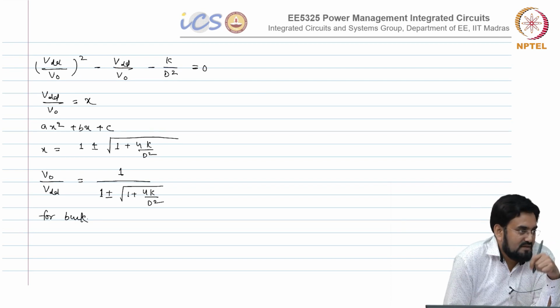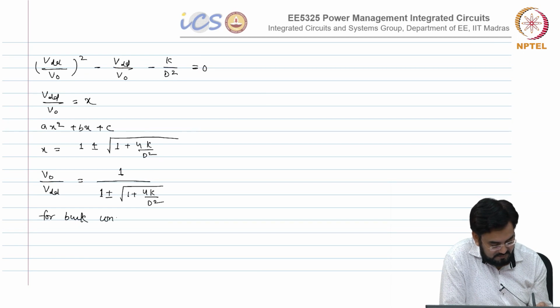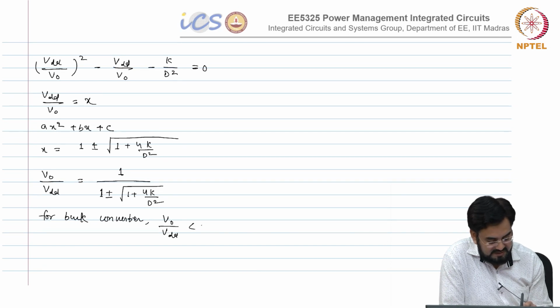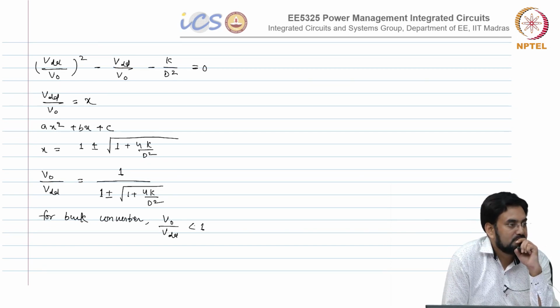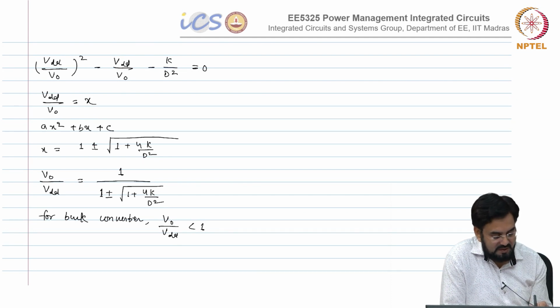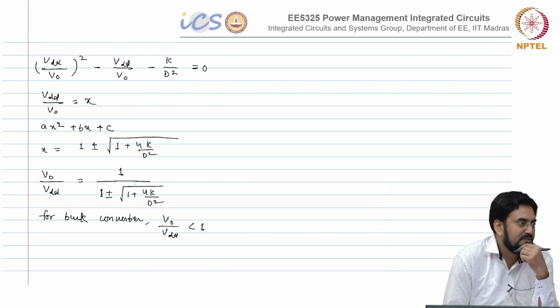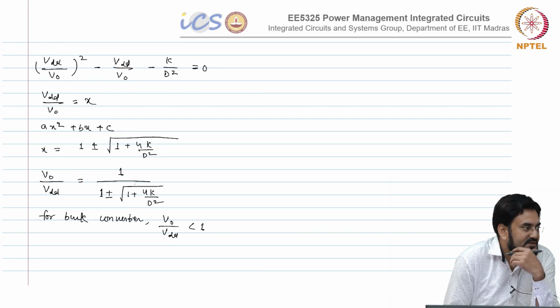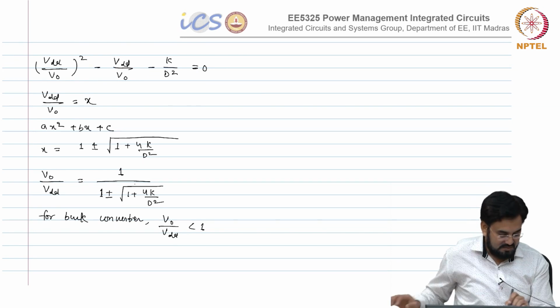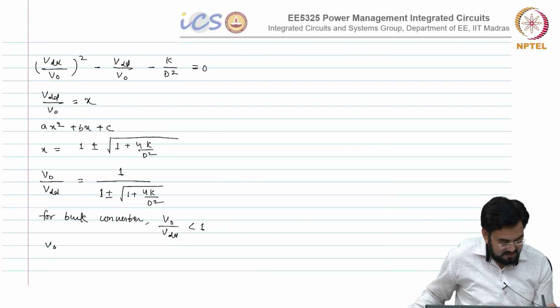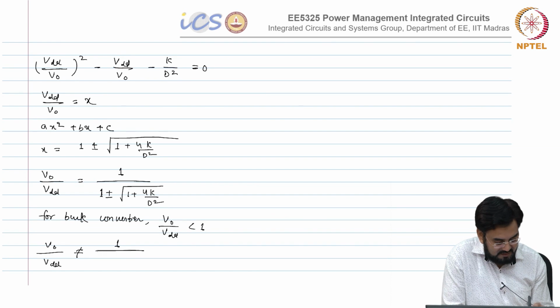So we are deriving this condition for a buck converter. For a buck converter, V_out over VDD should be less than 1. So if this becomes 1 minus this term, then this will be more than 1. So the negative term is not valid, which means V_out over VDD can't be 1 over 1 minus.